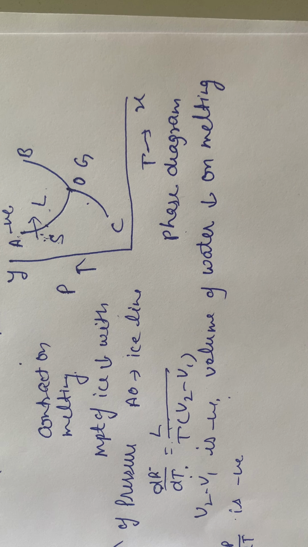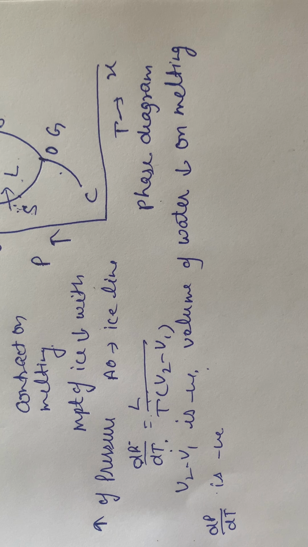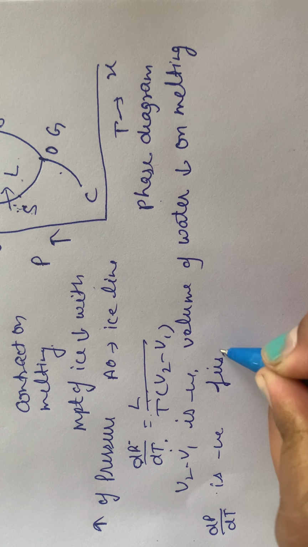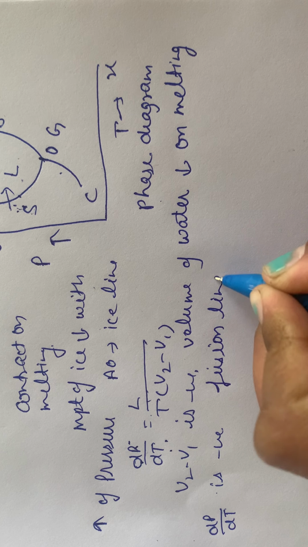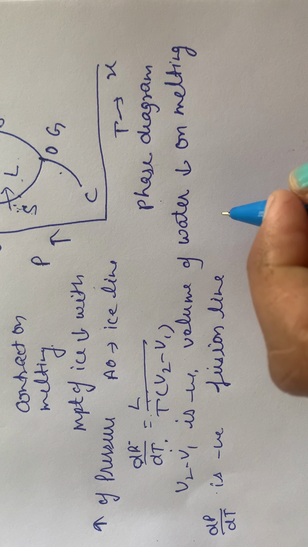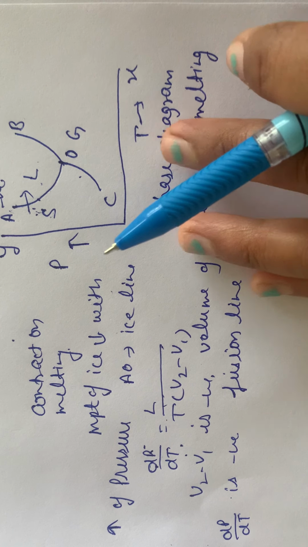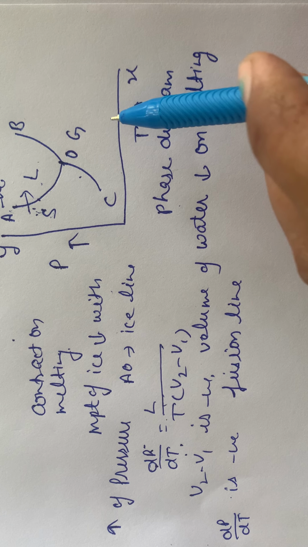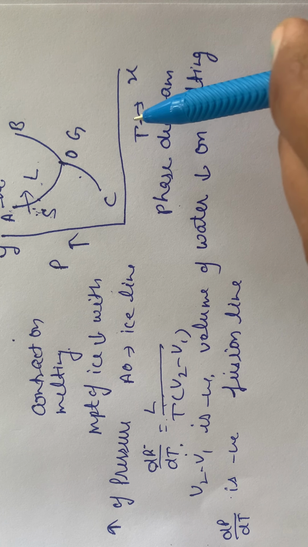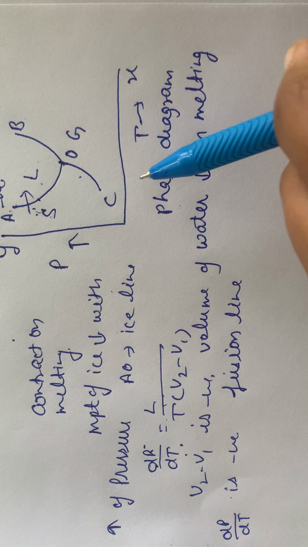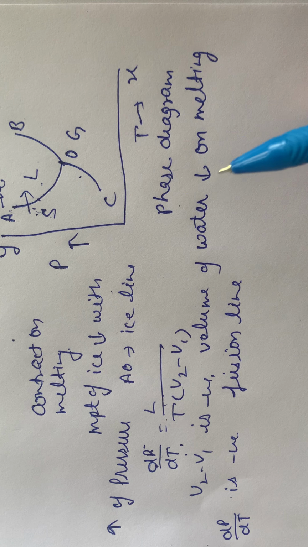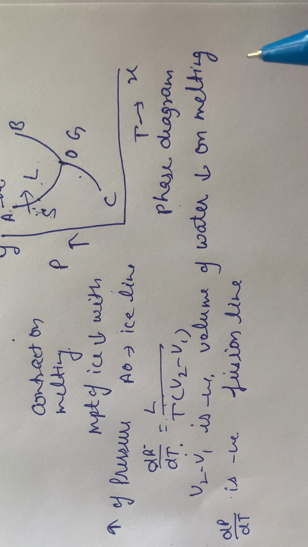In case of other solids, the line is called the fusion line. At temperatures and pressures corresponding to various points on the fusion line, a substance can exist simultaneously in solid and liquid phases in such a manner that the mass of substance in each phase remains constant with time. There is equilibrium between solid and liquid phase.